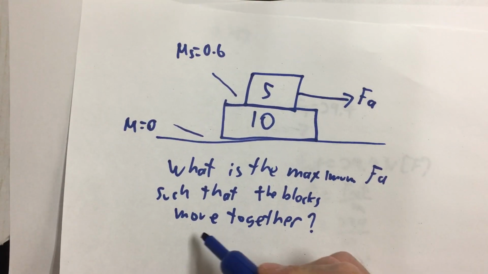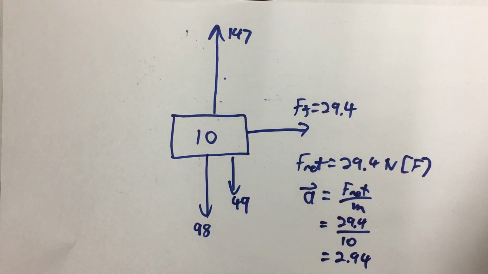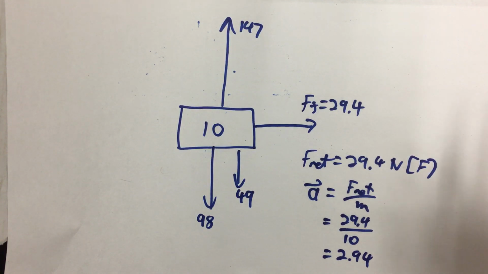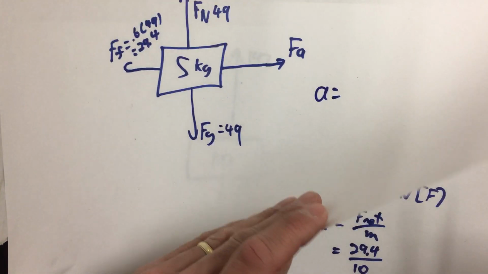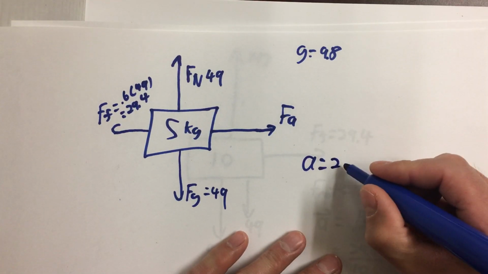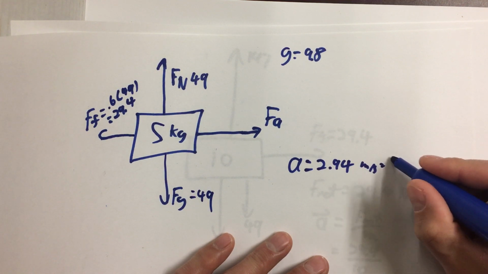These blocks move together, which means all their kinematics variables are identical, which means that this also has an acceleration of 2.94. And that's forward.